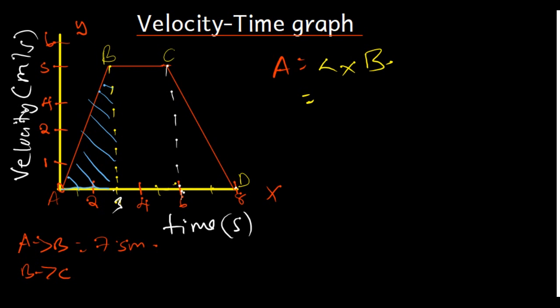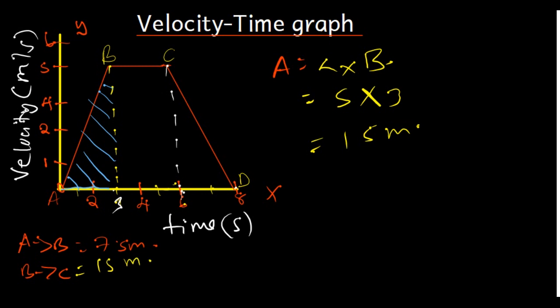That is the same thing. So we have the length as 5 times the breadth, which is 6 minus 3, which gives us 3. So I'm getting 15. That is 15 meters. That is the distance from B to C.